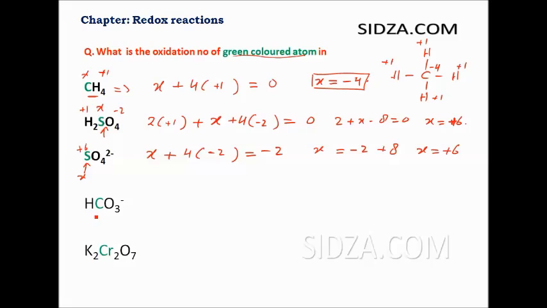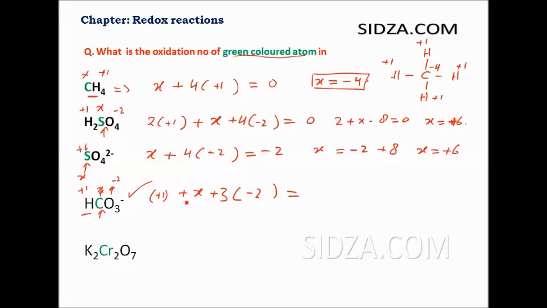What about this one? HCO3 negative, right? Let's find the oxidation state of the carbon here in this molecule. We have 1 hydrogen atom, so its oxidation state is +1, plus X, let that be the oxidation state of the carbon. Oxygen always has a -2, hydrogen always has a +1, so +1 and X, then 3 oxygen atoms there, into the oxidation state of the one oxygen is -2, that will be equal to the charge on the ion.